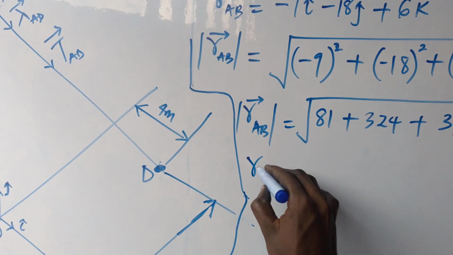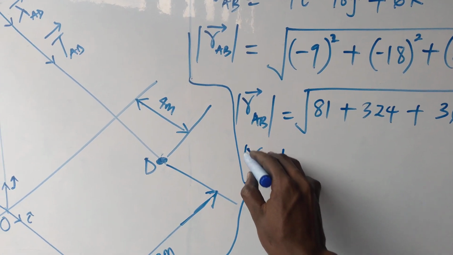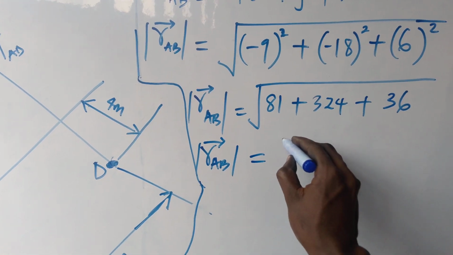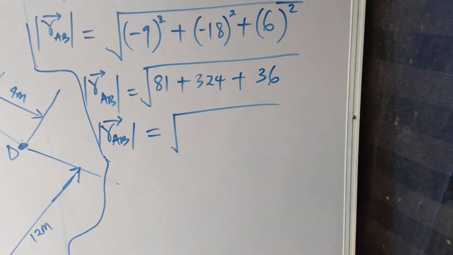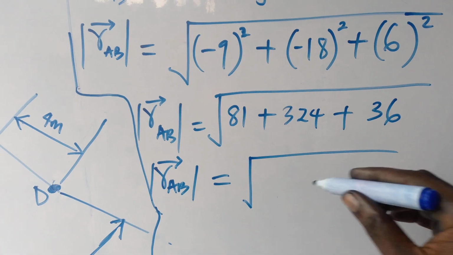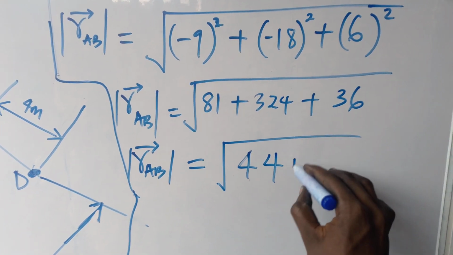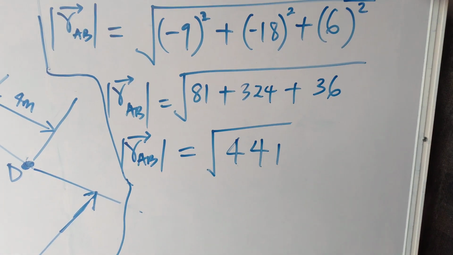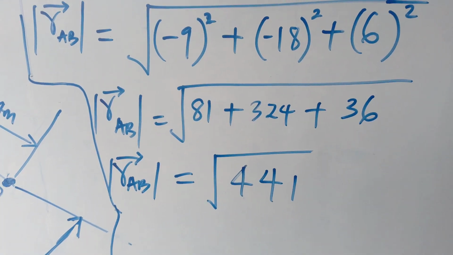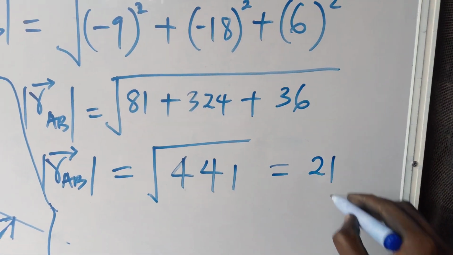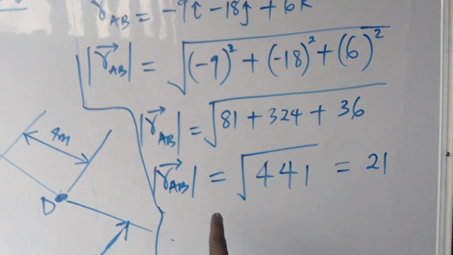Adding them, I have the square root of 441. When I find the square root, I have 21. Okay, so that is the magnitude or the modulus.